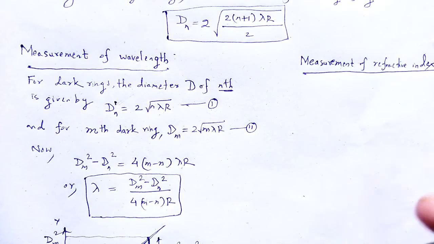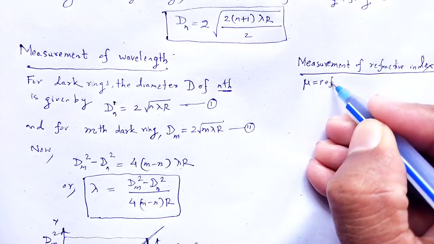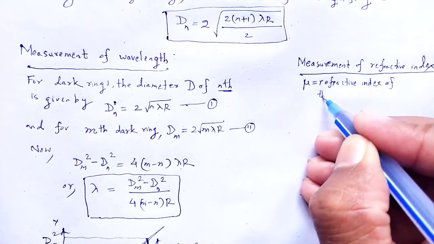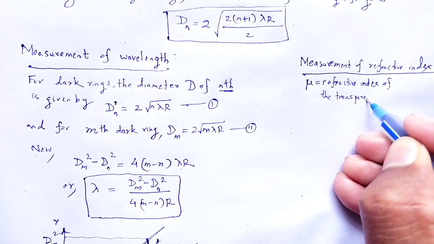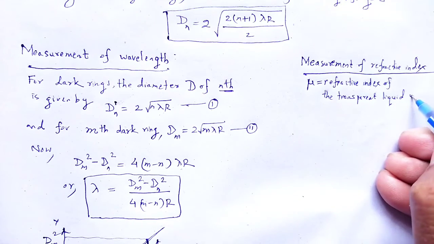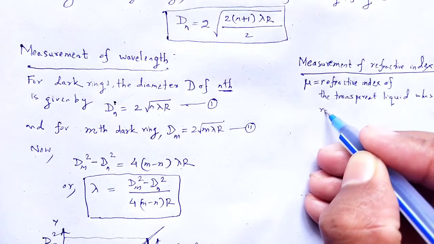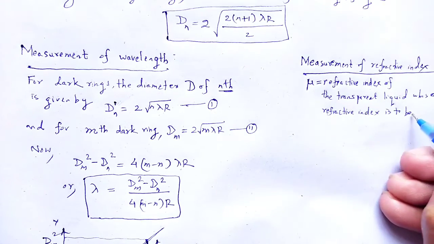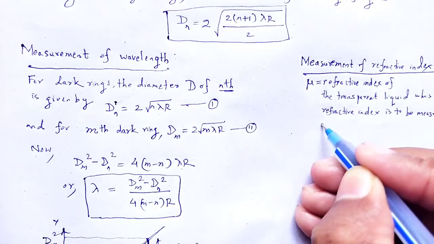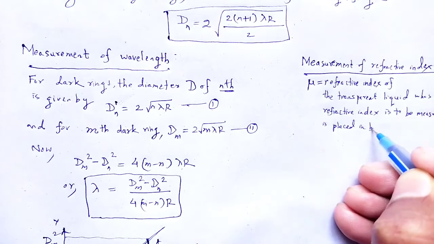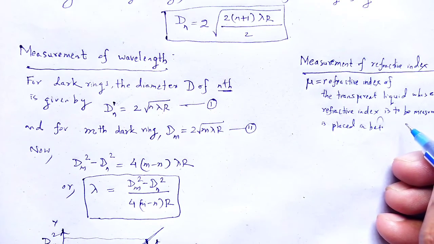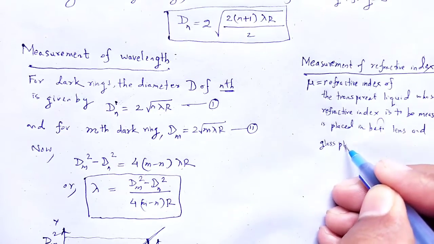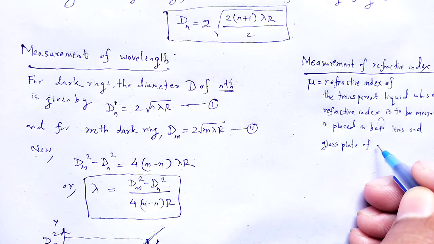Generally we use this relation, where mu is the refractive index of the transparent liquid whose refractive index is to be measured, placed between the lens and glass plate of the Newton's ring setup.